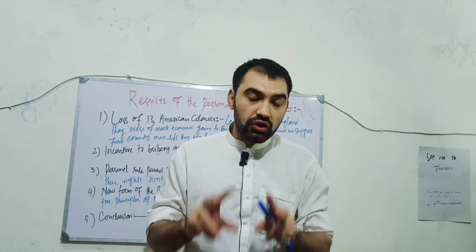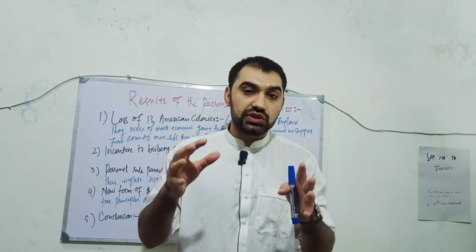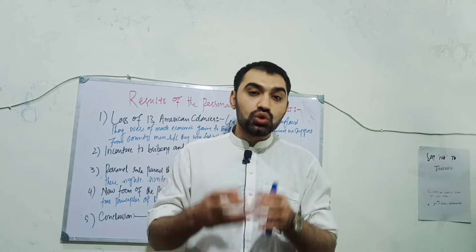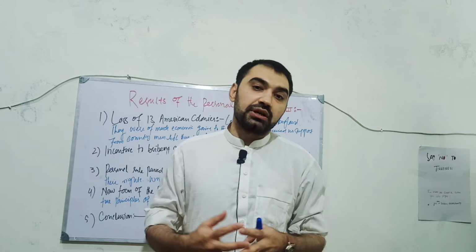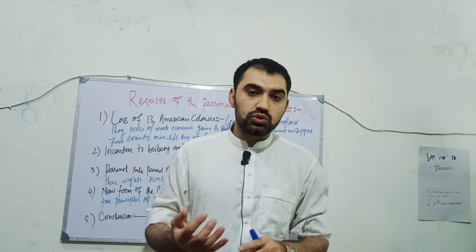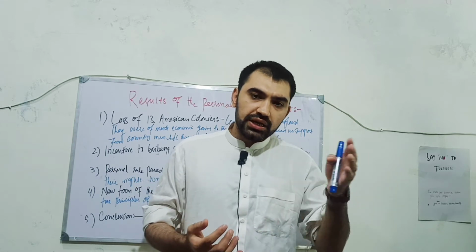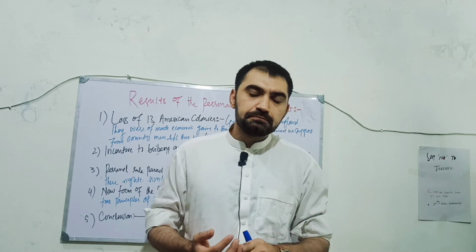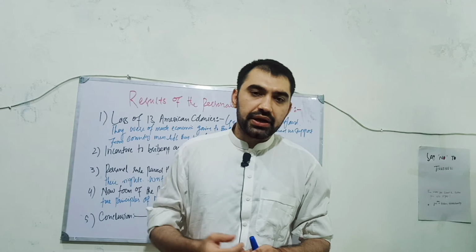So the economy of Great Britain was completely relying on those 13 American colonies, though they had other colonies as well in other parts of the world, like in Africa, the Sudan, and some other parts, in the subcontinent, and in Canada, in North America.